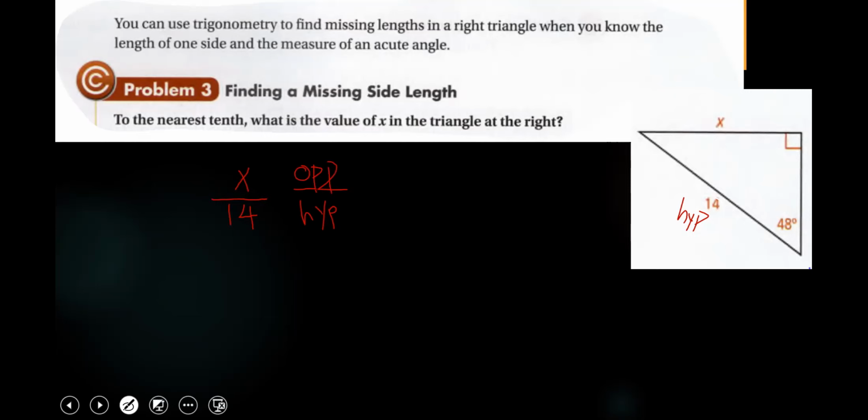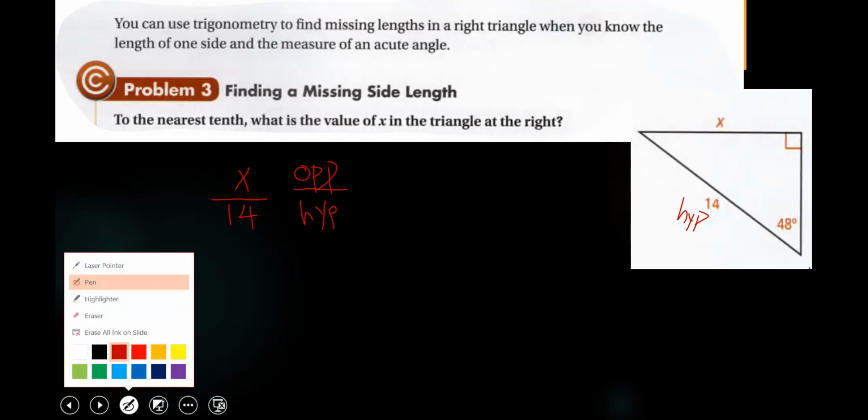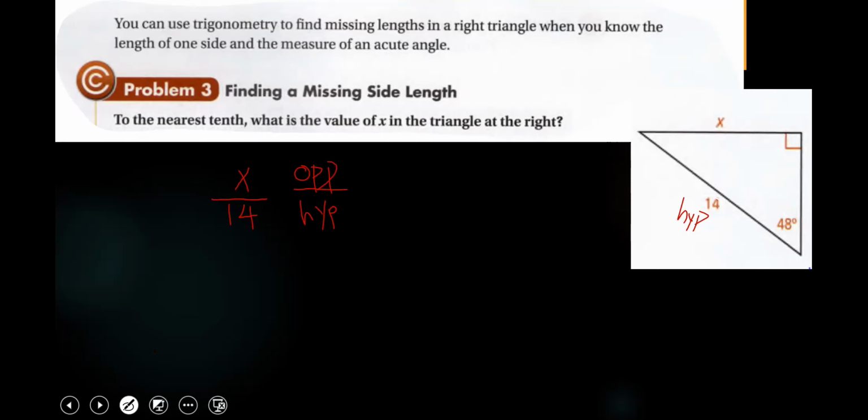After you know that x is the opposite, you ask yourself: what is opposite over hypotenuse? Is it sine, cosine, or tan? Sine, bravo. You will write sine. Sine of which angle? Of 48.